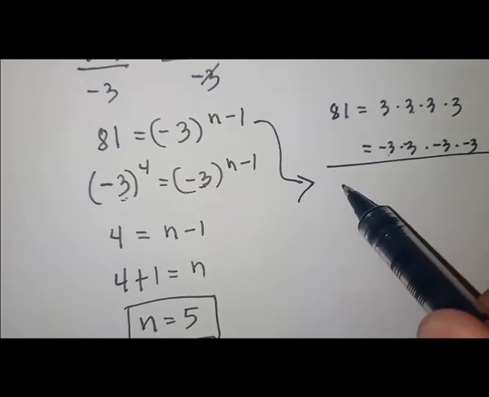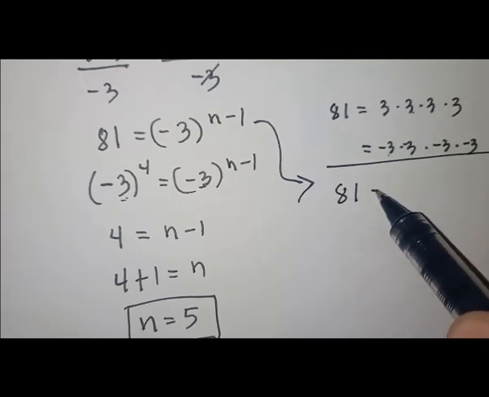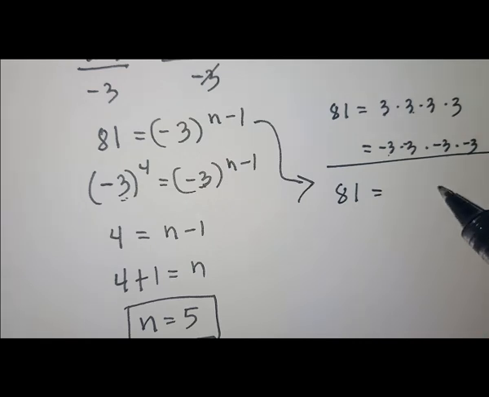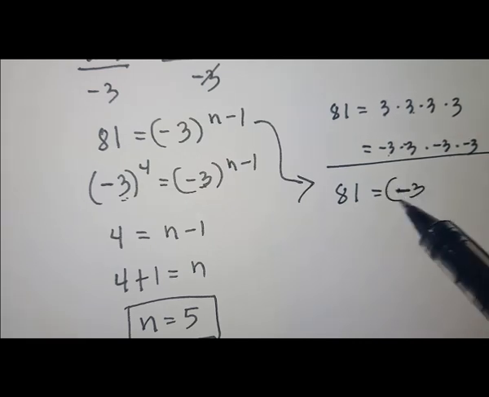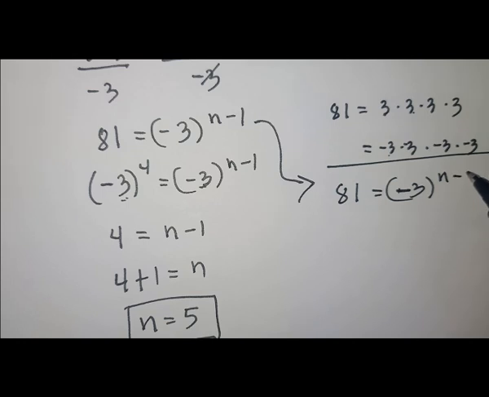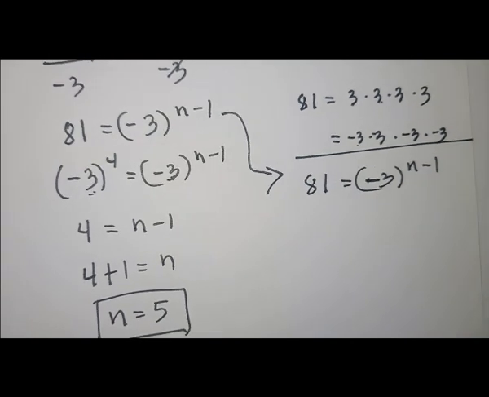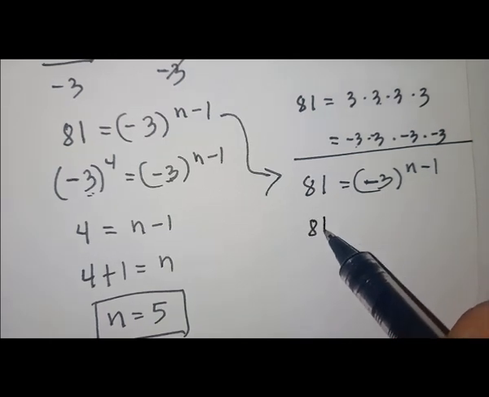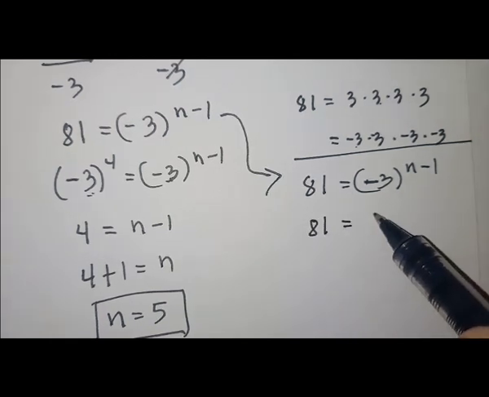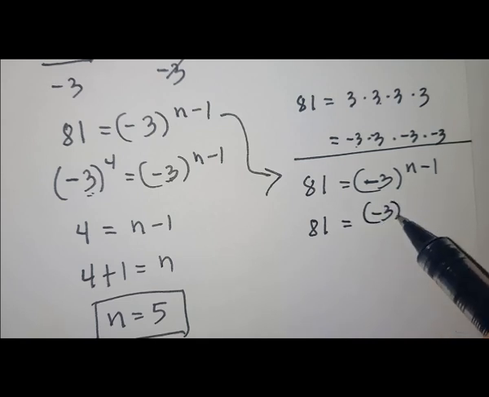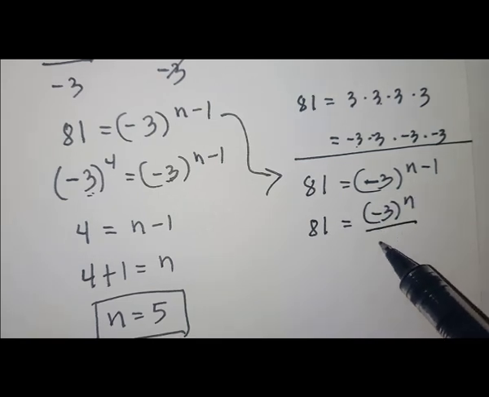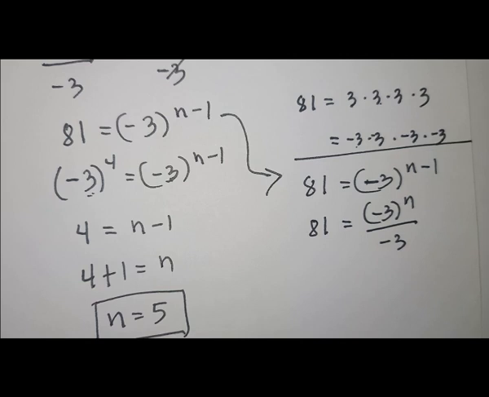So, meron tayong 81 equals to, we have negative 3 raised to n minus 1. So, apply natin yung laws of exponent. So, magkakaroon tayo ng 81 equals negative 3 raised to n over negative 3.